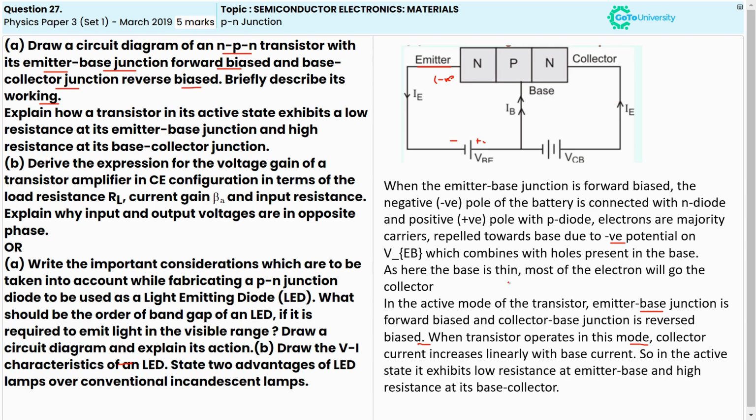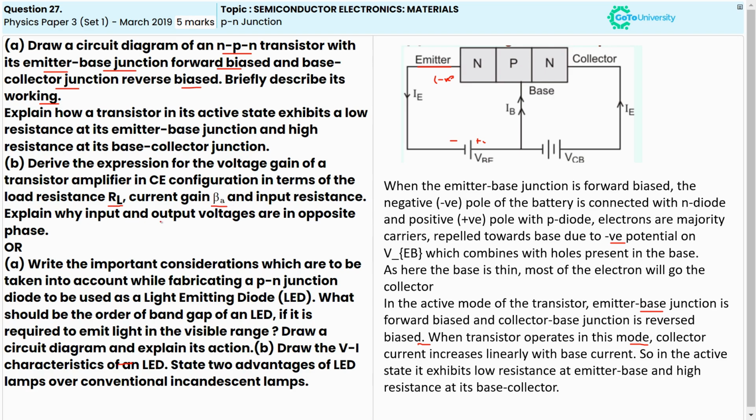Okay, now this is the second part. Derive the expression for the voltage gain of a transistor amplifier in CE configuration in terms of the load resistance RL, current gain beta AC and input resistance.